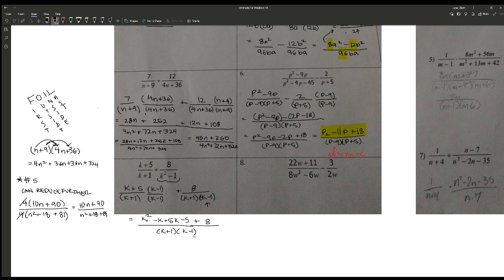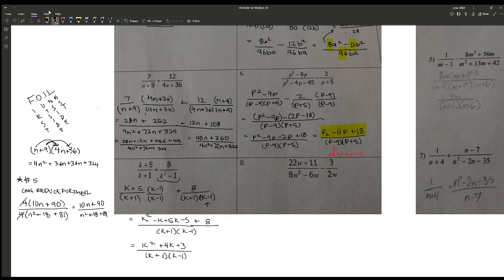When you bring like terms together and reduce, you are left with k squared plus 4k plus 3 over k plus 1, k minus 1.